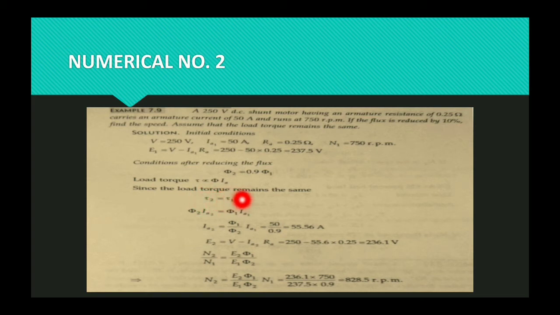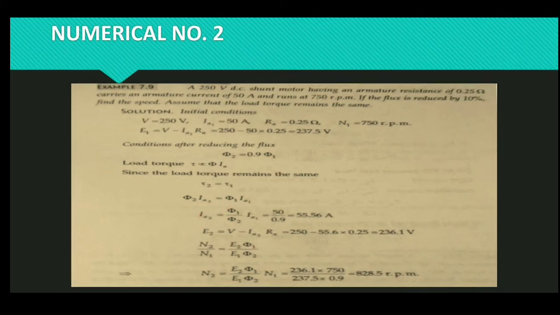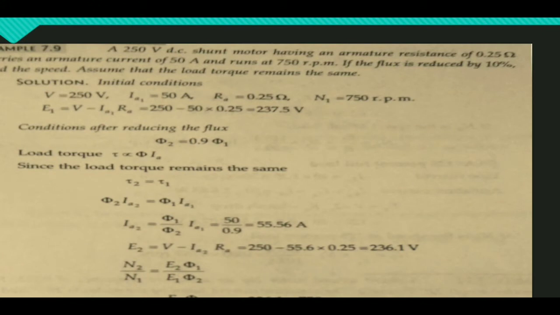Since the load torque remains the same, T2, the torque in the second condition, equals T1, the torque in the first condition. So phi2 into Ia2 equals phi1 into Ia1, because these torques are equal.